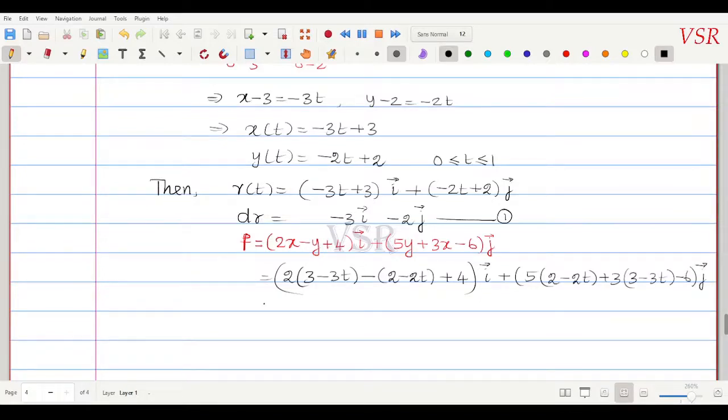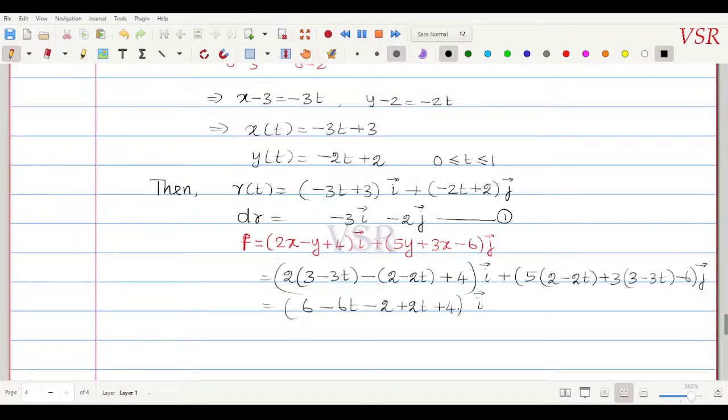Let's express this. So this is 6 minus 6t, minus 2 plus 2t plus 4, into i vector. Correct?